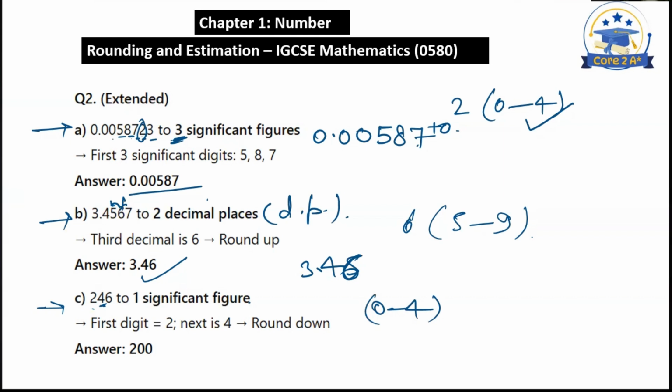So here we will round down. We round up when the number is from 5 to 9. Just round down at the 4 and you can write 200.